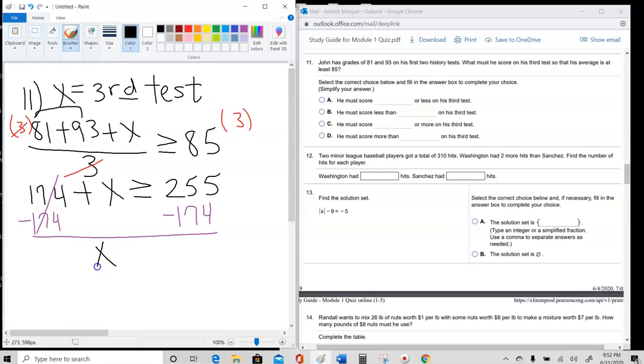And we get the inequality X greater than or equal to 81. So the correct answer is C. He must score 81 or more on his third test.